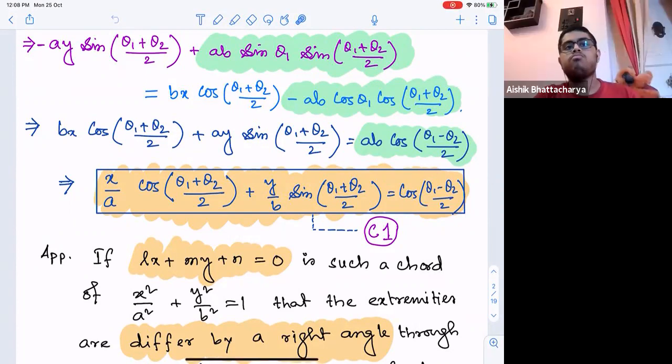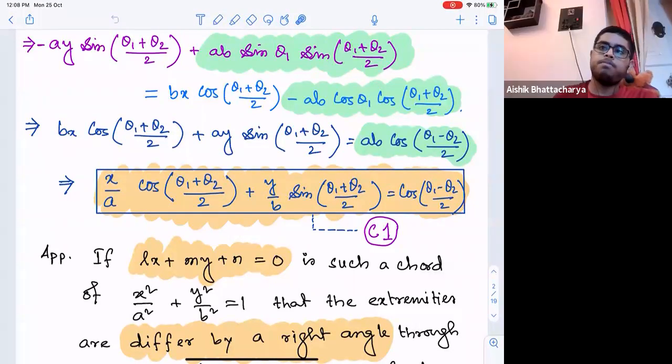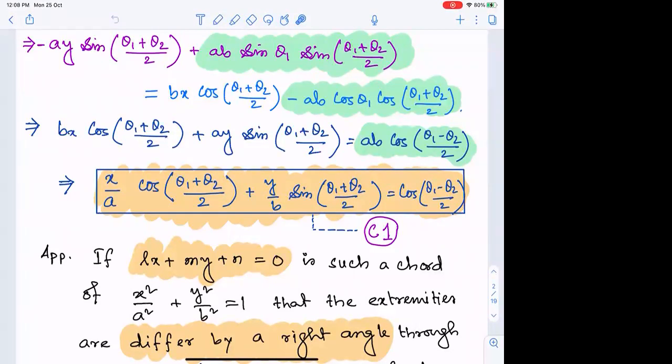So we can give it a look like x1 by a square plus y1 by b square is equal to 1, which is the transformation of the ellipse due to the point x1, y1, right? So this format can be very easily changed to the transformed variation of x square by a square plus y square by b square due to some point x1, y1. All we need to know is what x1 and y1 are going to be, which can be easily decided.